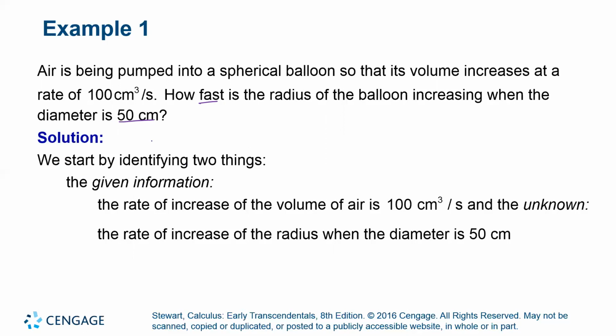Now let's read the question and make sure we understand. The air is pumped into, so the geometry is a sphere. If I want to draw a diagram, that would be my sphere, and this is my diameter.